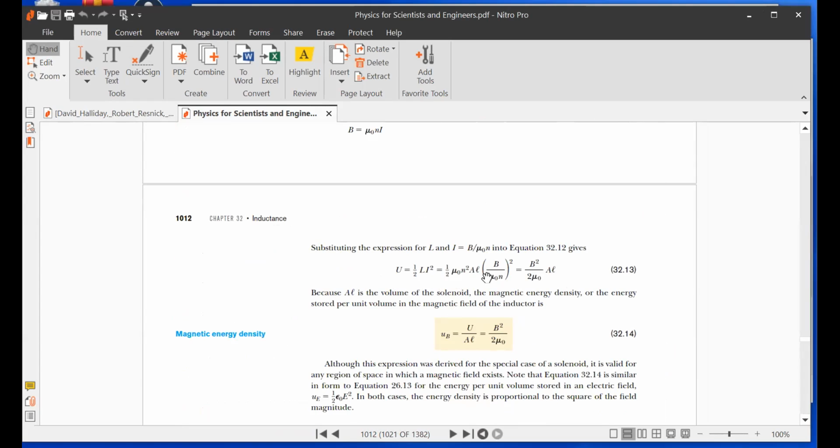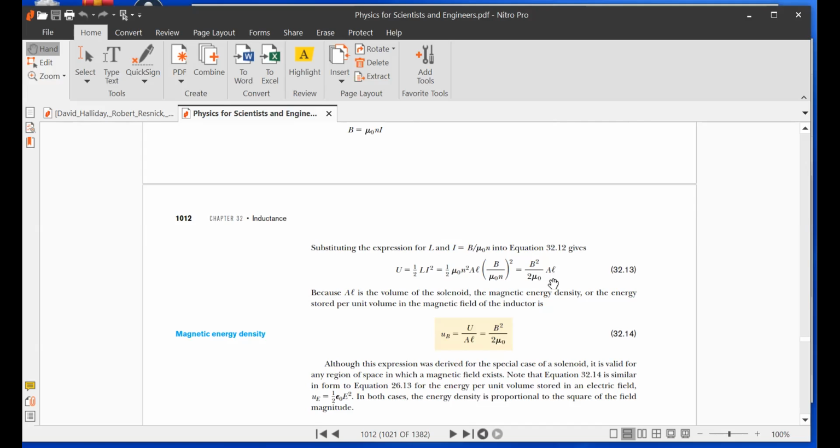This I is equal to B over mu 0 little n, squared, then we get this one. This A times L is the volume of the solenoid, or the volume of the inductor.